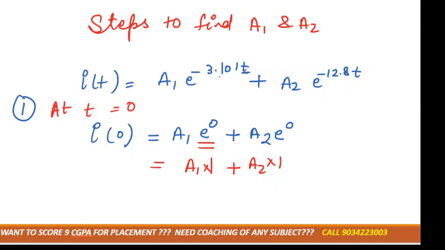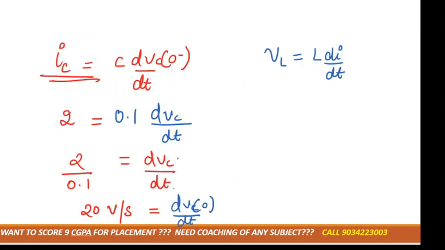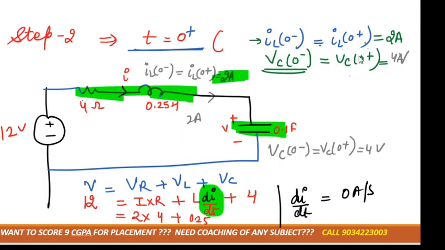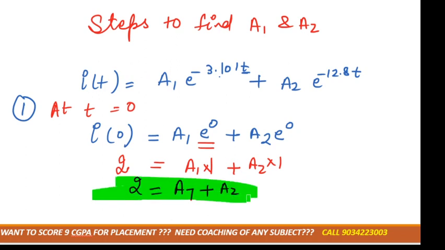I of 0 we have already calculated, that we got as 2 ampere. So simply we get 2 equal to A1 plus A2. This we got as the first equation.